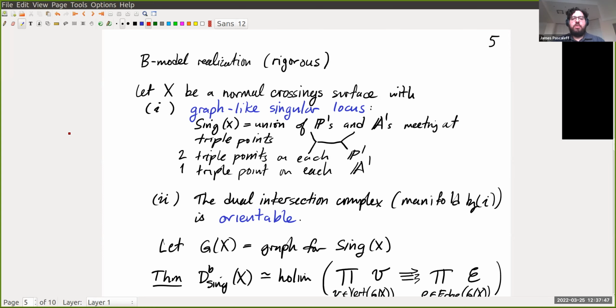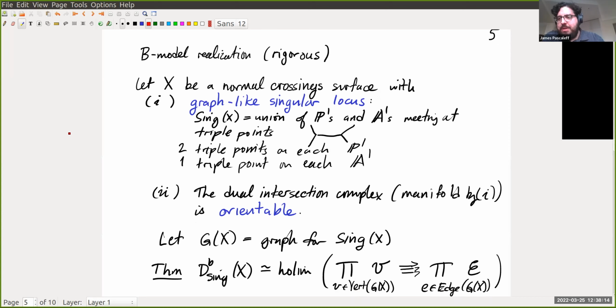Let X be a normal crossing surface. That means its singular locus is curves meeting at triple points, formally locally modeled on XYZ equals 0. There's one condition you have to put, which is called graph-like singular locus.